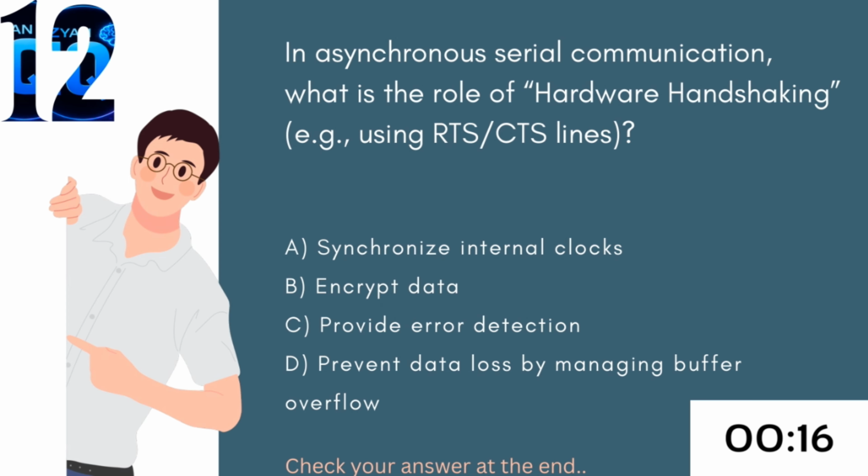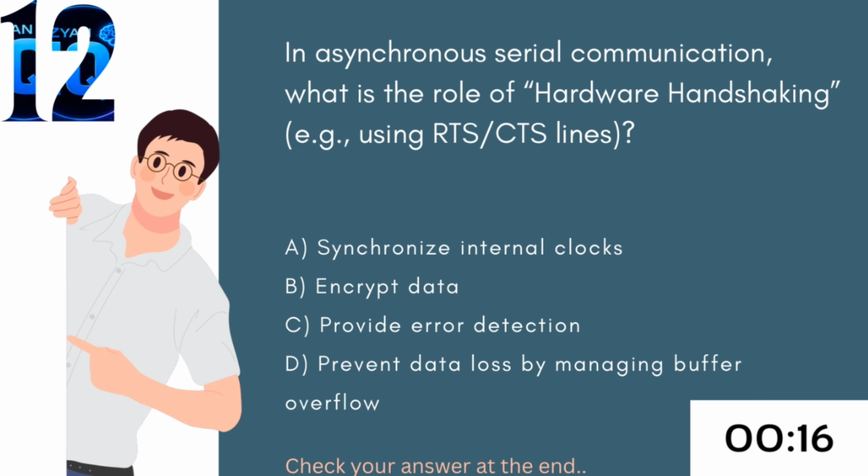Specifically, in asynchronous serial communication, hardware handshaking plays a key role. For example, using RTS and CTS lines helps coordinate data flow between devices. Essentially, RTS signals the sender to start sending data, while CTS tells the sender to stop if the receiver is busy. This handshake prevents data from being lost or corrupted due to buffer overflow or mismatched speeds.